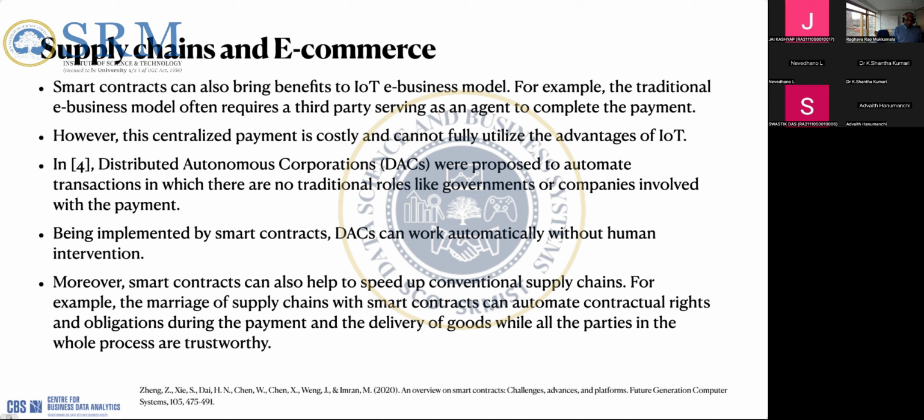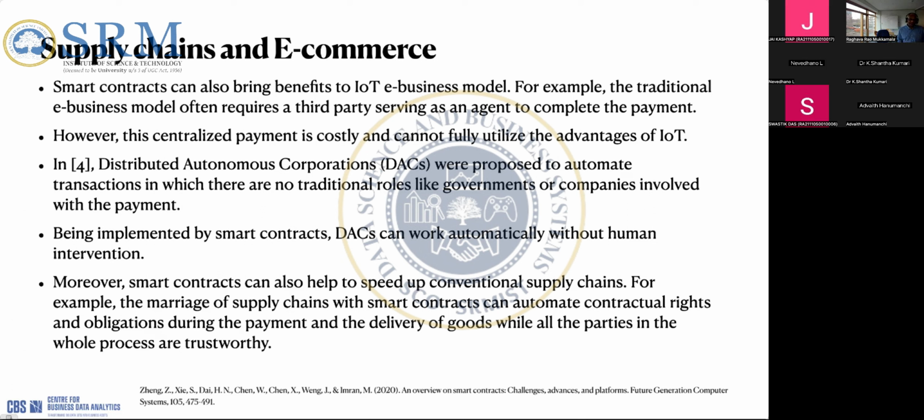And then we were discussing distributed autonomous corporations and decentralized organizations, which can be built on the foundations of smart contracts and blockchain without human involvement. Then you can easily automate several things. They will transform a lot of conventional supply chains, right?